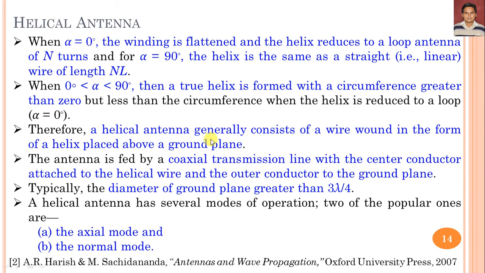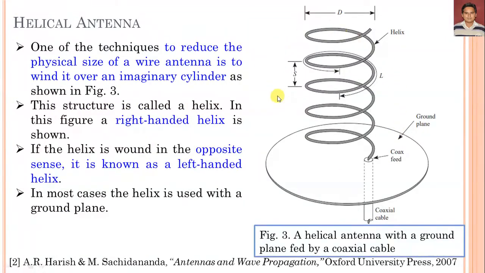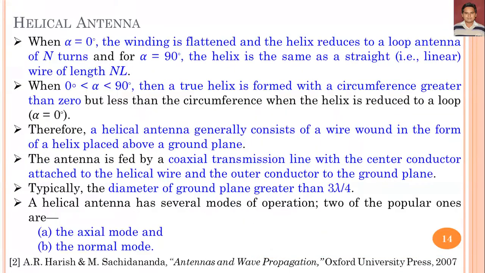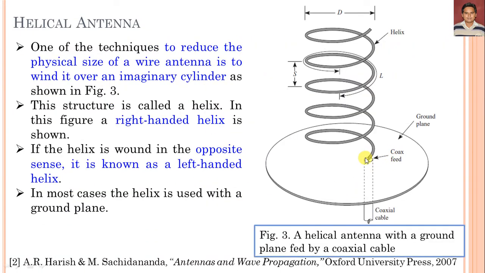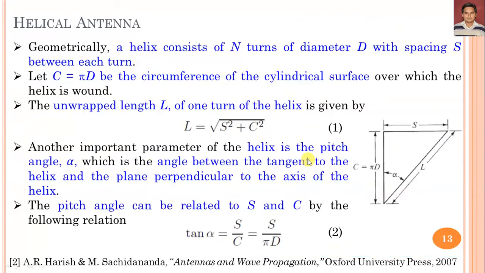Therefore, a helical antenna generally consists of a wire wound in the form of a helix placed above a ground plane, as we have discussed. From this geometry we can also define a helical antenna: it is fed by a coaxial transmission line with the center conductor attached to the helix and the outer conductor to the ground plane, as you can see in figure 3.